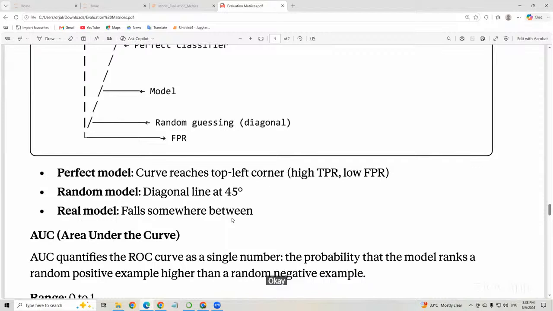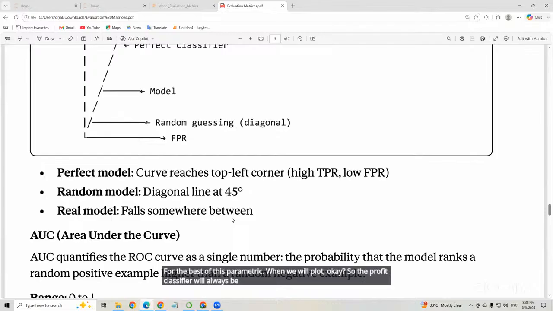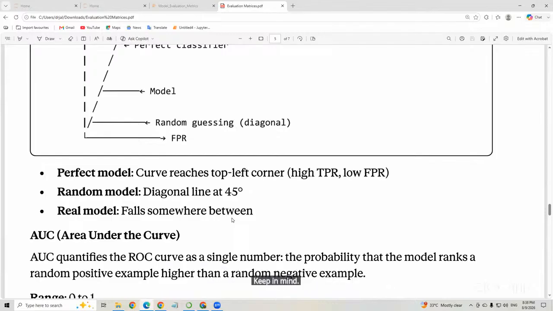Okay, we want a very high true positive rate. The true positive rate must be very high, and the false positive rate must be very low on the basis of this parameter when we plot. Okay, so the perfect classifier will always be, keep in mind, the top left corner.